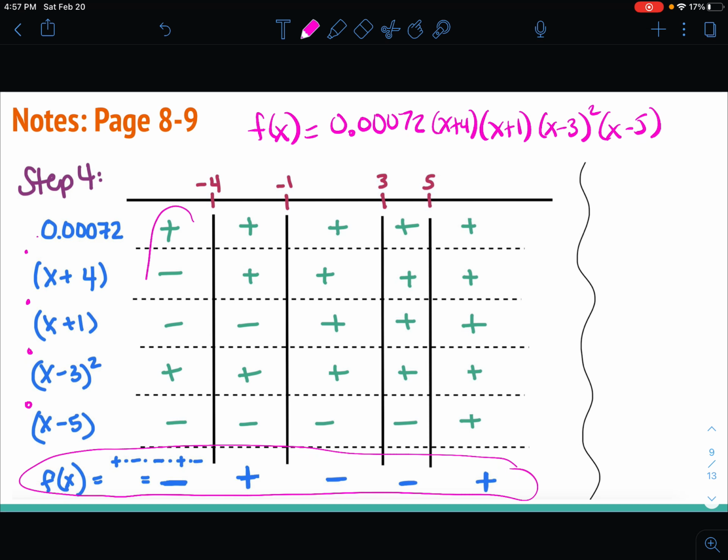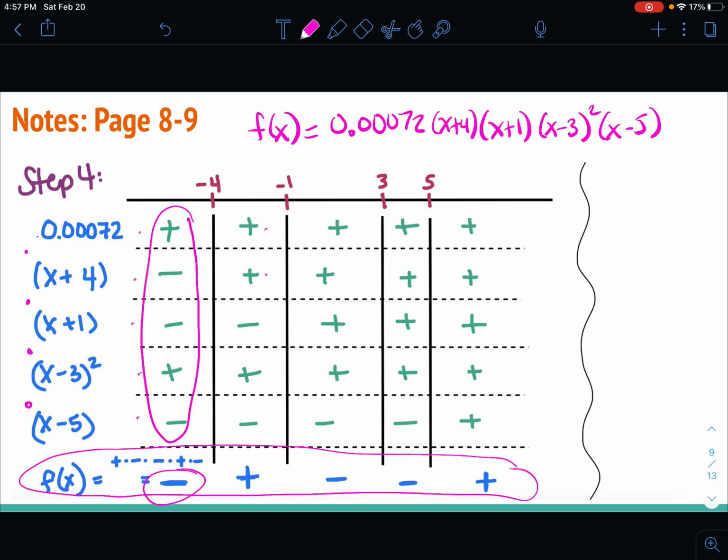So, looking at this first column, if we multiply a positive, a negative, a positive, and a negative, we end up with a negative. We don't even care what the number is. We just want to know the sign. Is it positive or negative? This will tell us if the graph is above or below the x-axis. And it's going to ultimately help us sketch this polynomial.